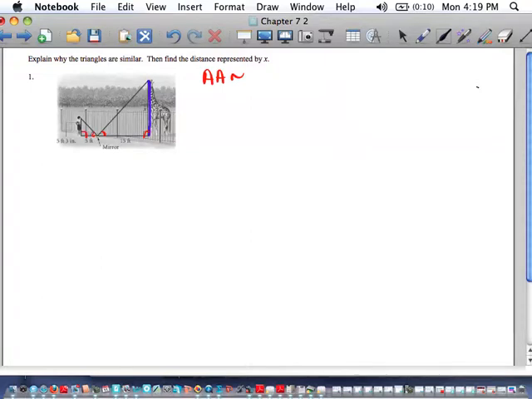So I have the person's height, 5 feet, 3 inches, and I want to convert those 3 inches to be in terms of feet, or convert the feet totally to inches. So I'm going to convert this 5 feet 3 inches to 5.25 feet, because 3 inches is 1/4 of a foot. 1/4 is 0.25.